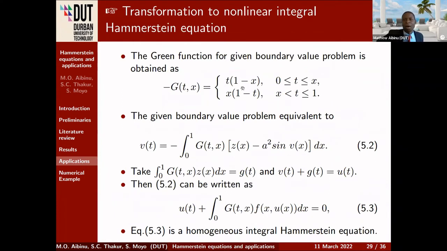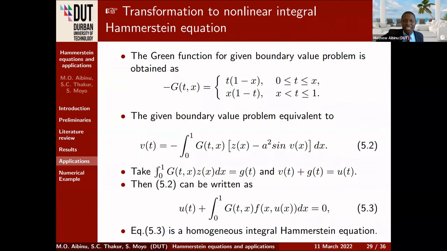For that differential equation, which is the model for the finite pendulum that we are talking about, this is the Green function that we obtained for it. From this Green function, the given boundary value problem is equivalent to this equation 5.2.